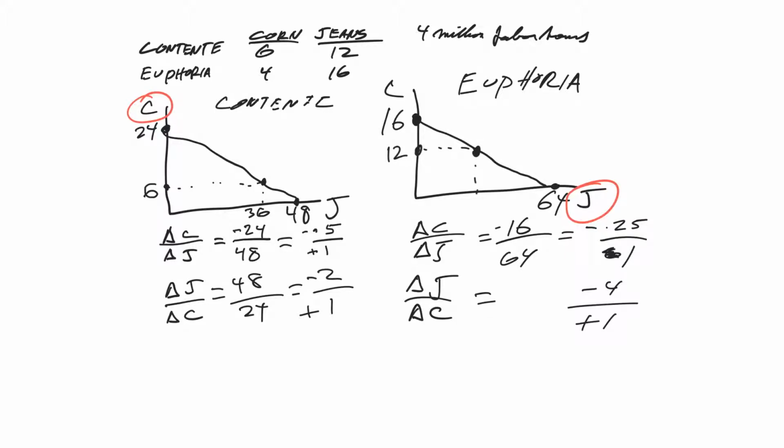And for jeans, the other million hours they have available, they're using to produce jeans. They can produce 16 jeans in an hour, and they're using 1 million hours, so 16 times 1 million is 16. Okay. Well, let's call it there for part 1, and we'll pick up the next few questions in the next video.